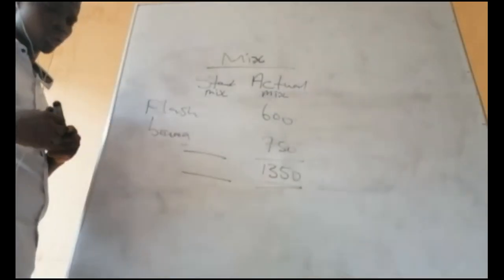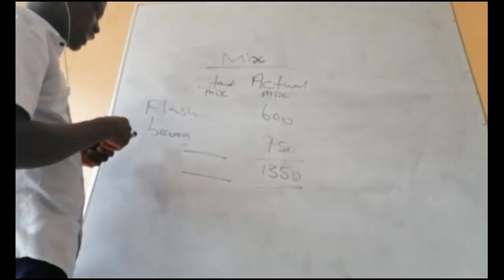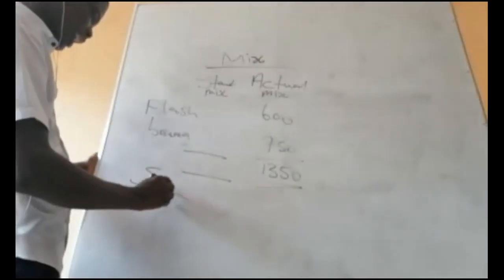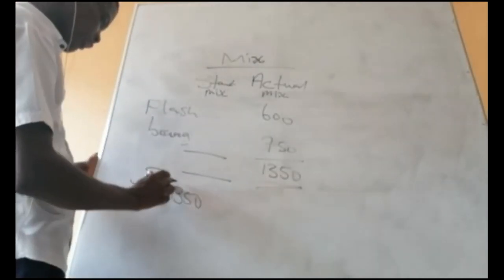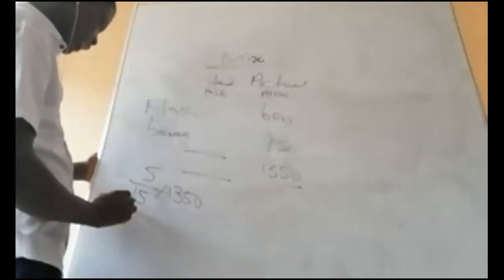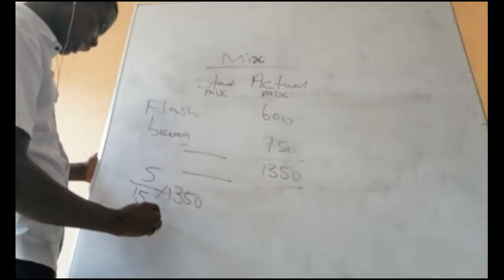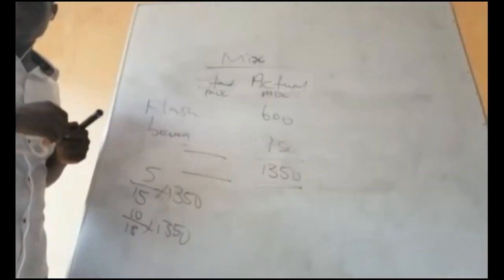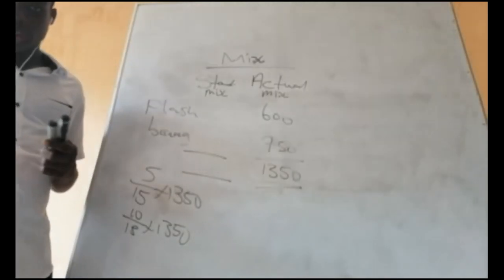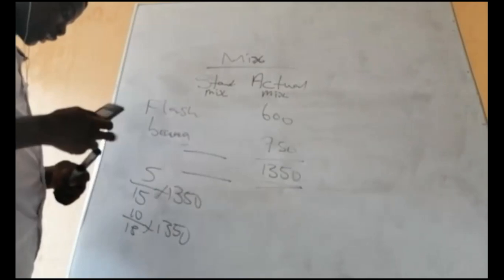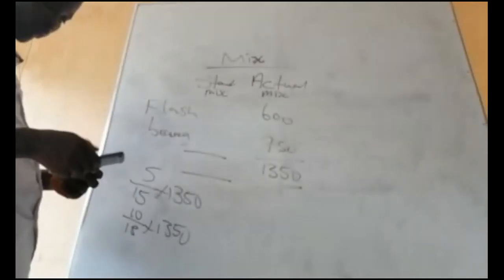So what do we get? If you are using 5/10, then it will be 5/15 times 1350 for the first one. The second one will be 10/15 times 1350. That's perfect. That is 1/3.